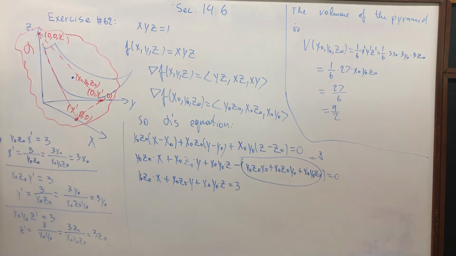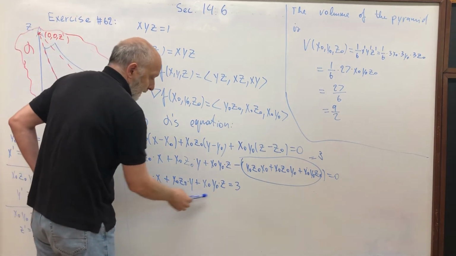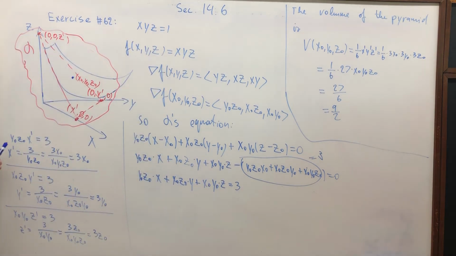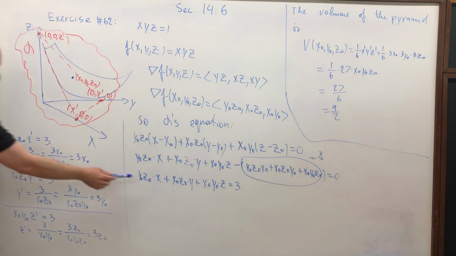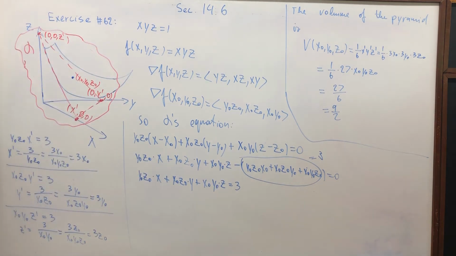Let's calculate x' first. We plug into this equation zeros instead of y and z, and we end up with y0z0 times x' is equal to 3, because those two terms go away. From here, x' is equal to 3 over y0z0.